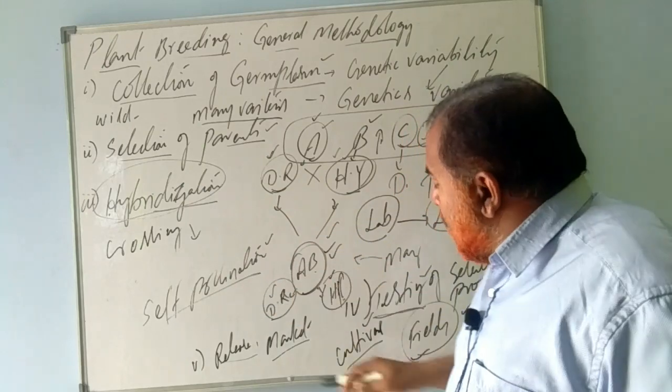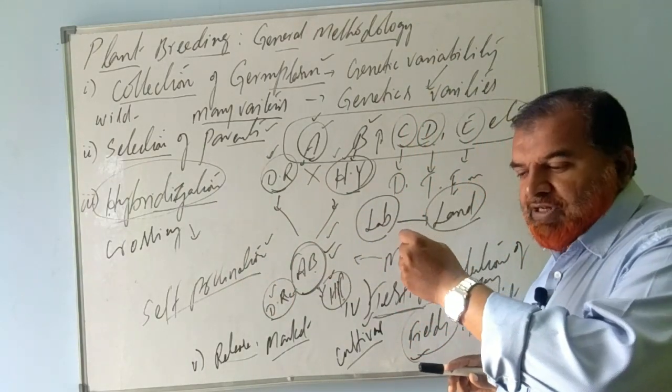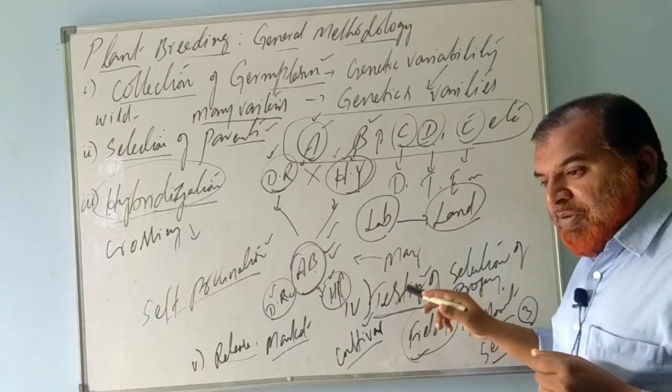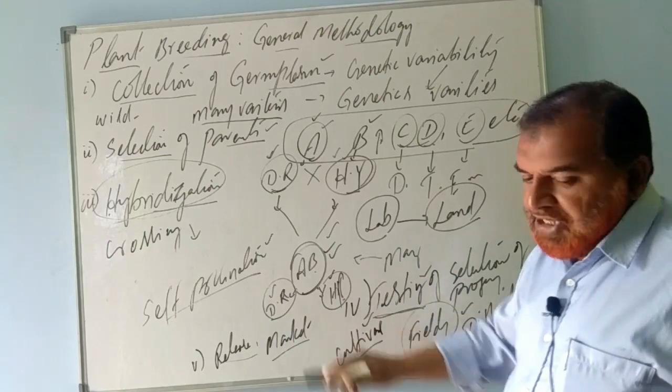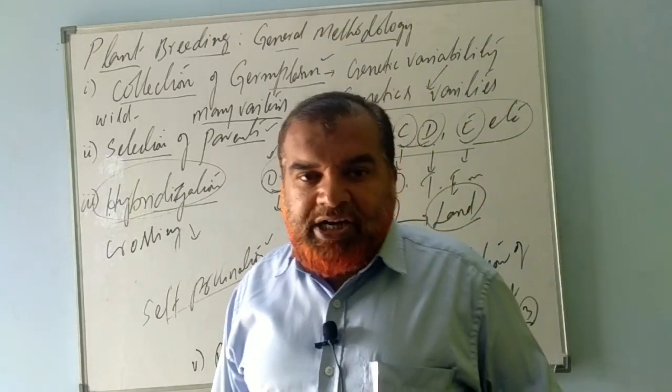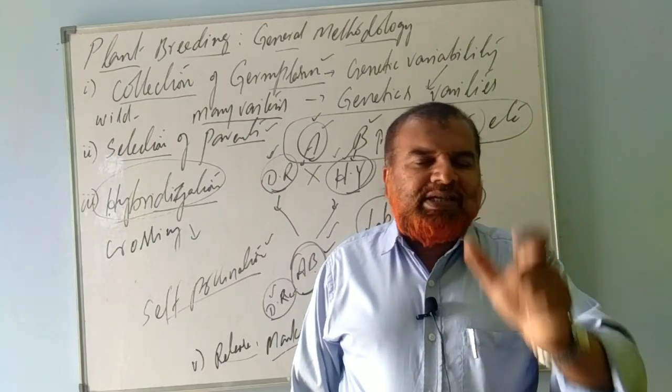After hybridization, you go for testing whether the character we wanted is present and expressed or not, and then selection of the progeny. After that, it is released and marketed. Very simple procedure, very easy words, simple terminology.